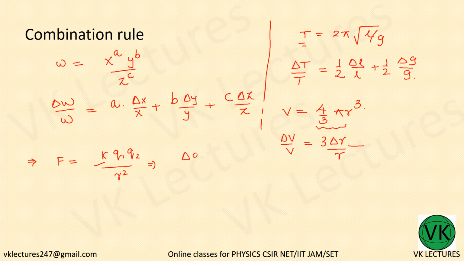So error in Q1 by Q1 plus error in Q2, that is delta Q2 by Q2, plus, and here it is r square, so this is 2 times delta r by r. So this is nothing but the relative error in force. All these are relative errors. Relative error means with respect to the mean value or the original value.